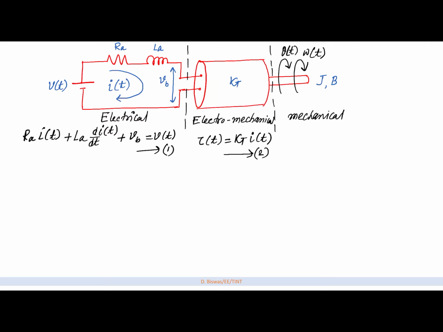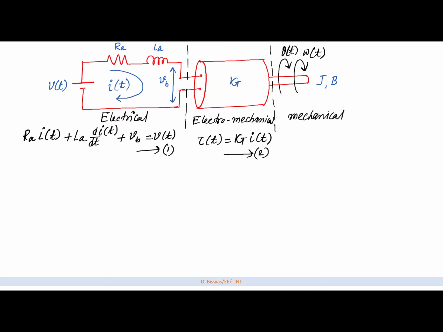Now, using these three equations, I will derive a relation between input, that is the applied voltage, and the output, that is the angular displacement.